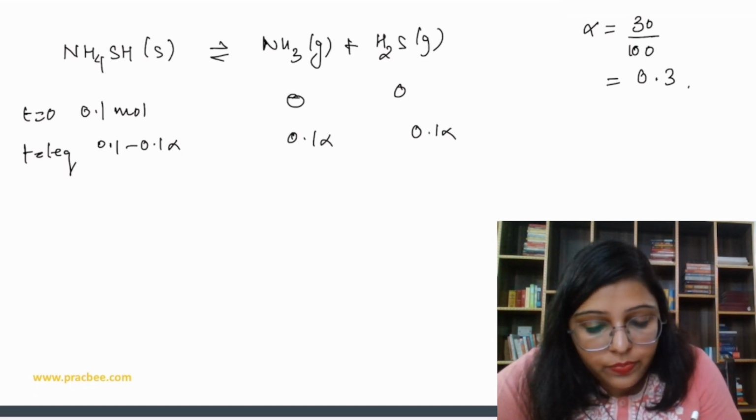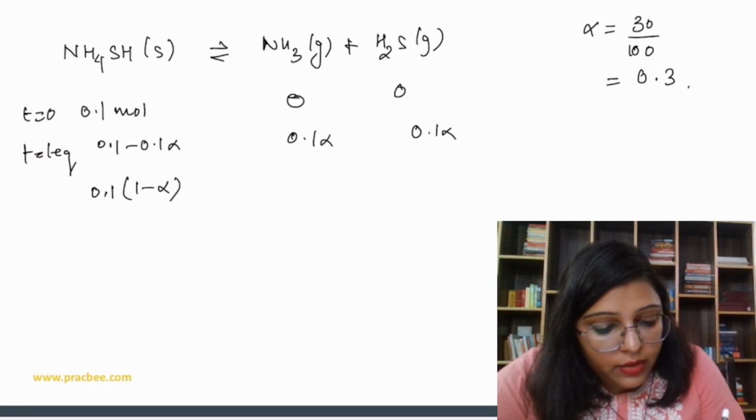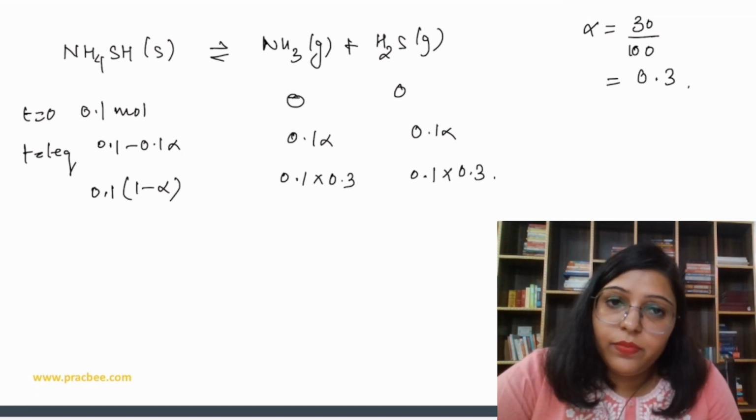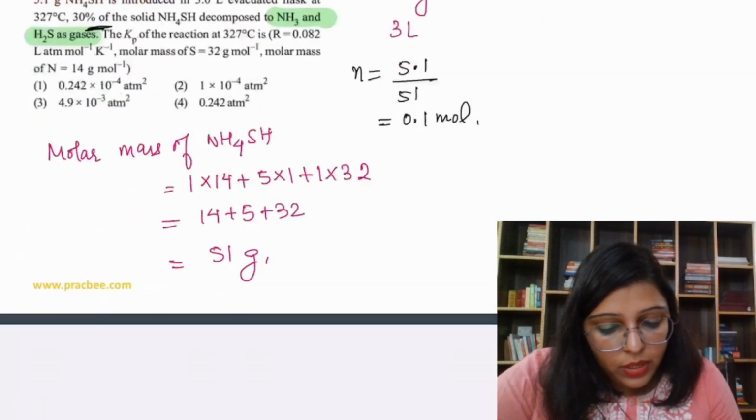So we get 0.1 into 1 minus alpha, and here we get 0.1 into 0.3, and here also 0.1 into 0.3. We have to find out the value of Kp.